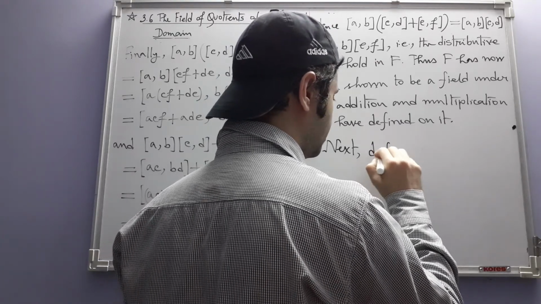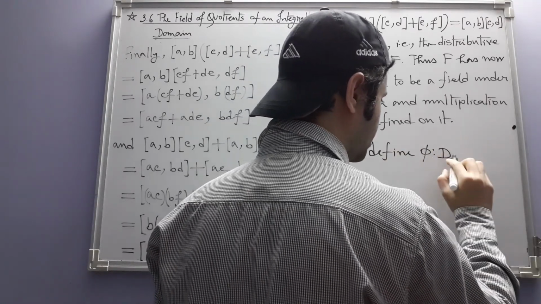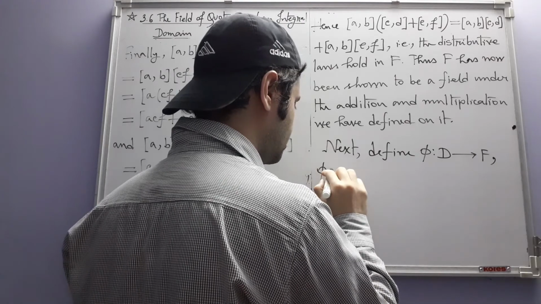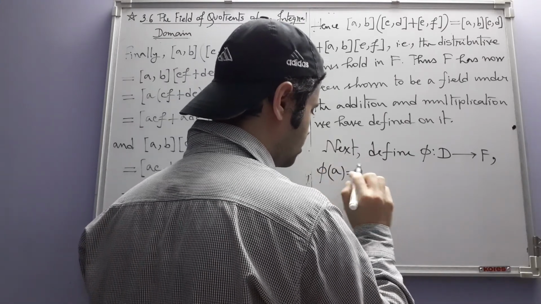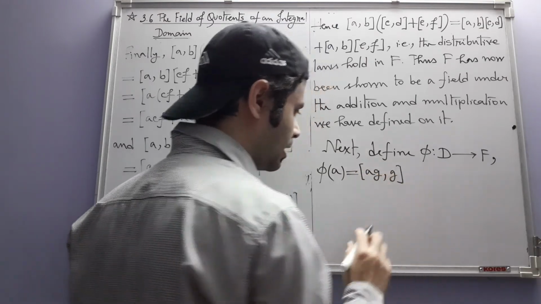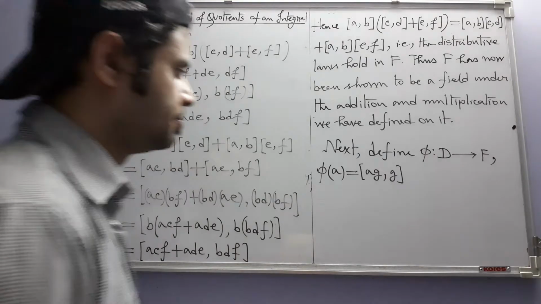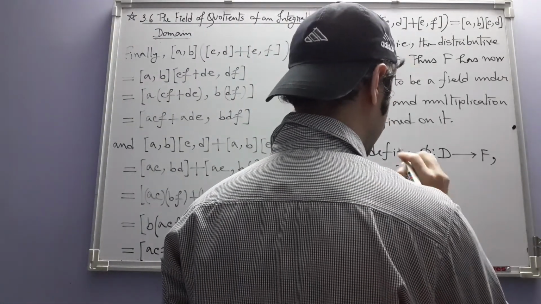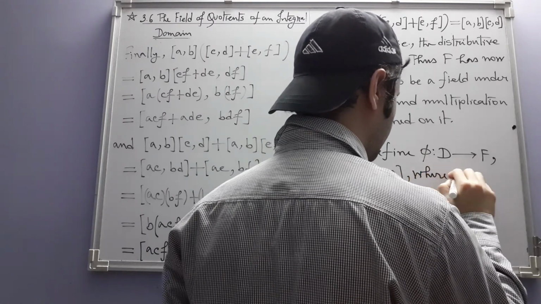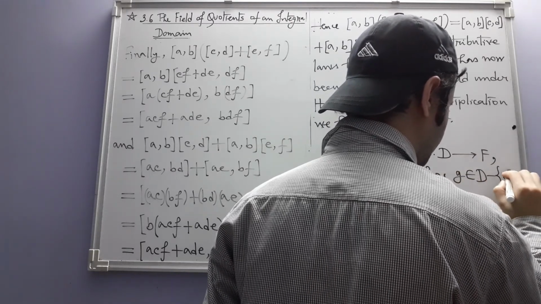Define a mapping phi from the integral domain into our field by defining phi of a to be equal to (ag, g), where g is that non-zero element we have been using all along in D. Or we can just simply say where g belongs to D minus 0.